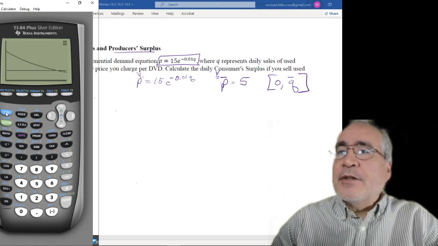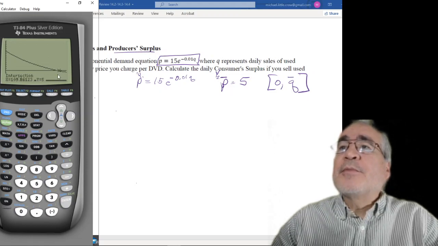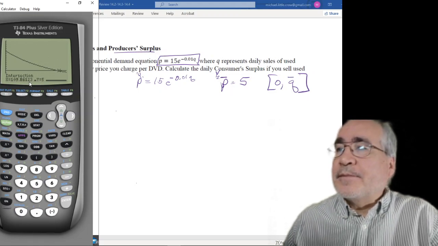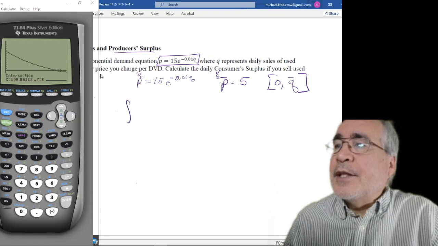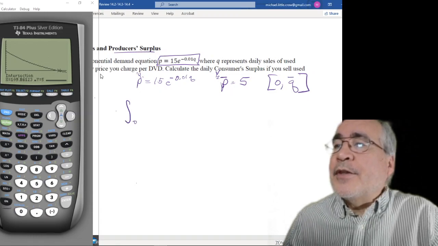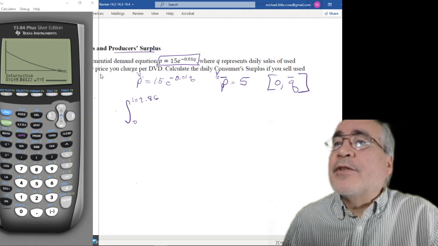So we find intersections with second calc, number 5. Enter, enter, enter. We get the intersection point is 109.86123. So what we're going to be doing is we're integrating from 0 to 109.86123.